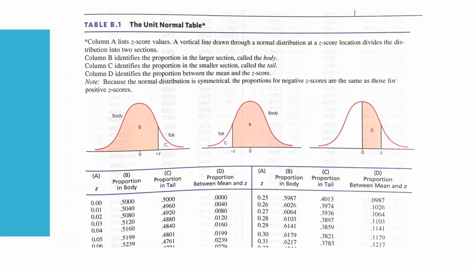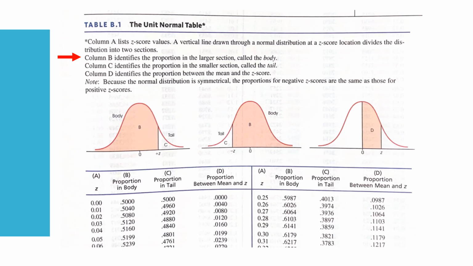The unit normal table tells you areas, which we call proportions, under the curve for different z-scores. Starting at the top, you can see that column A lists z-score values from smallest to largest. The next column, column B, identifies the proportion of scores in the larger section, which we call the body.